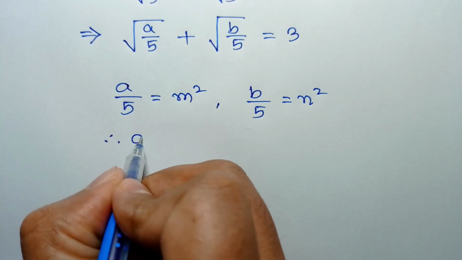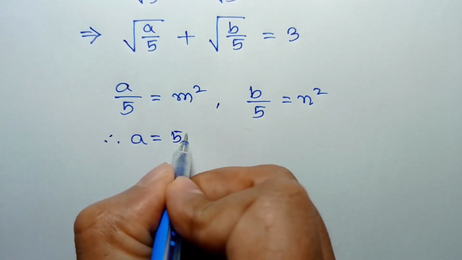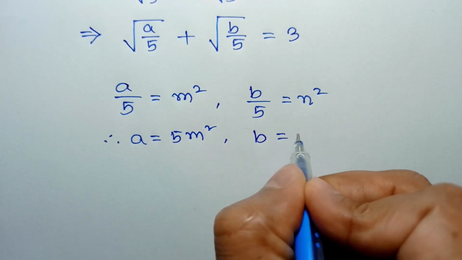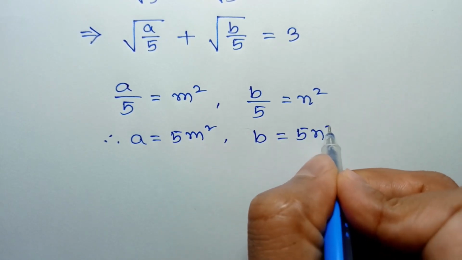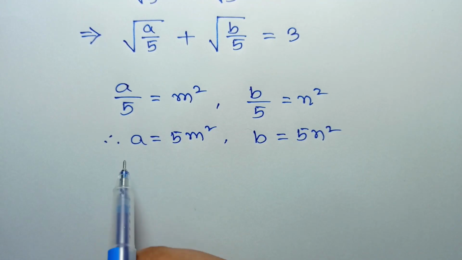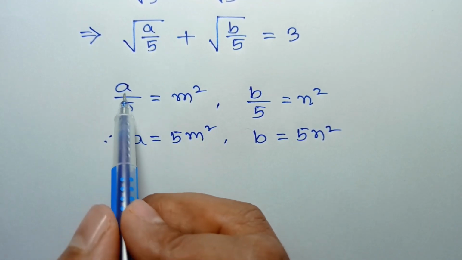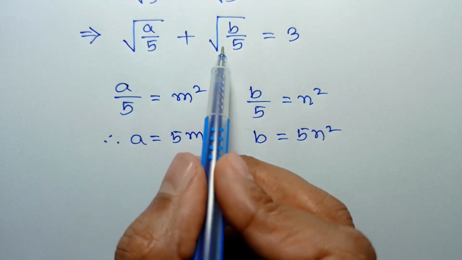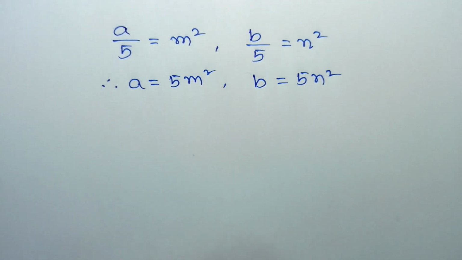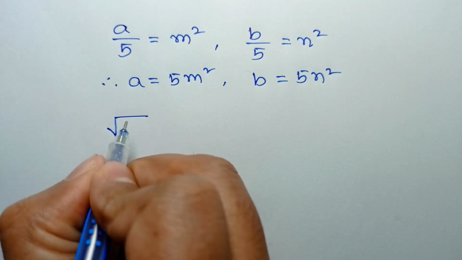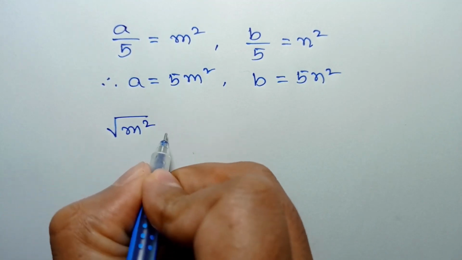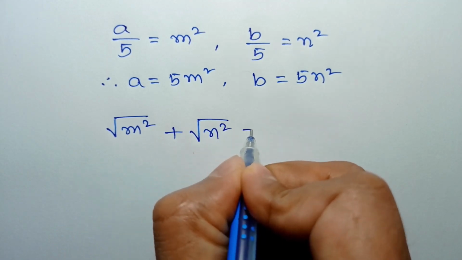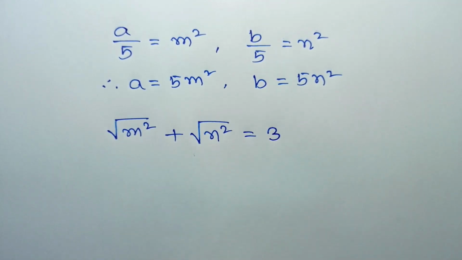So we can write a is equal to 5m square and b is equal to 5n square. Now substituting a over 5 is equal to m square and b over 5 is equal to n square in this equation, we can write square root of m square plus square root of n square is equal to 3.